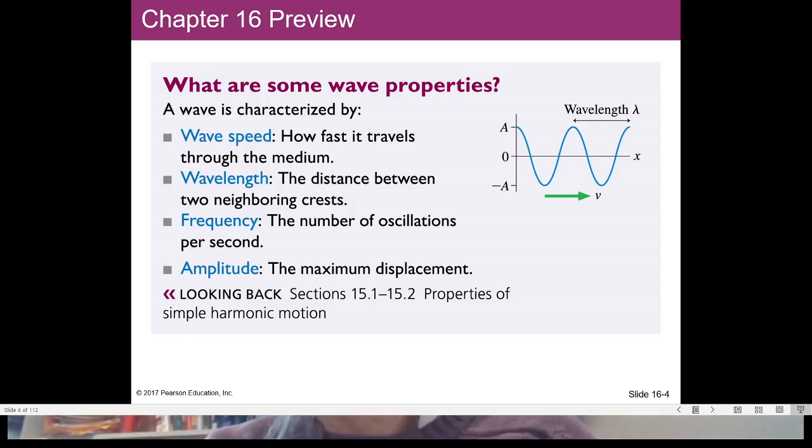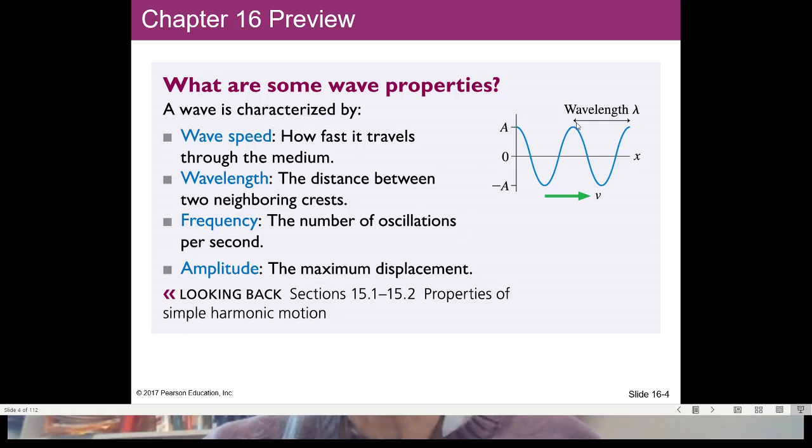We also are going to be talking about different kinds of wave properties. We've already seen some of these when we were talking about the harmonic oscillator, and we're going to see again that these same kinds of properties we can also attach to traveling waves. Wave speed is the v, that's the speed with which it travels through the medium.